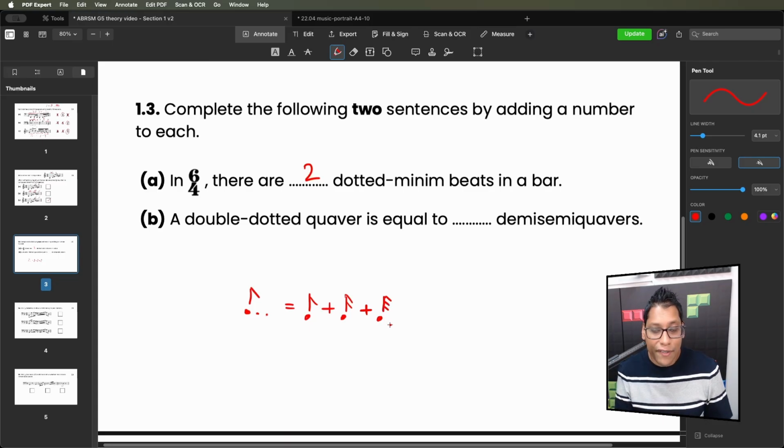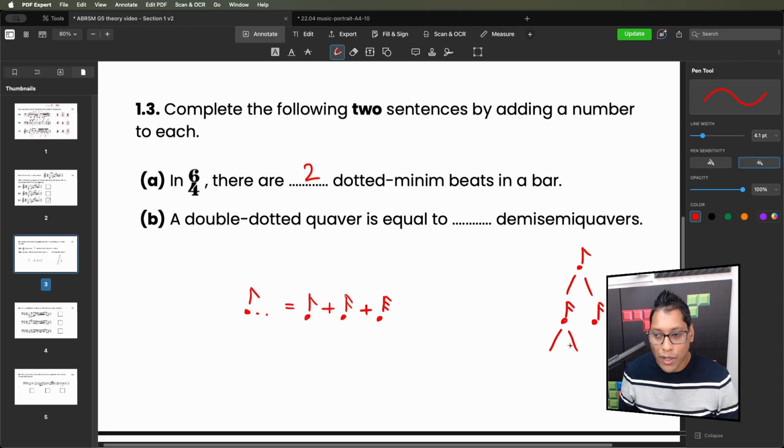So on the left-hand side, we have our double dotted quaver, and on the right-hand side, we have the maths that we need to do to see how many demisemiquavers we need. But we haven't actually gone all the way yet, because now we need to convert each of these different types of notes into demisemiquavers and find out how many of them there are. So the quaver splits into two semiquavers, and the semiquavers split into two demisemiquavers each.